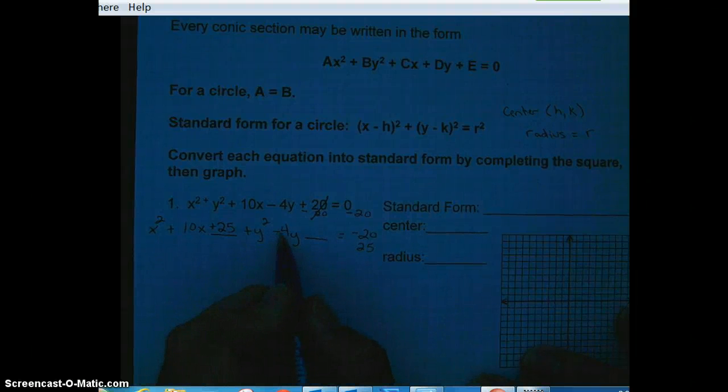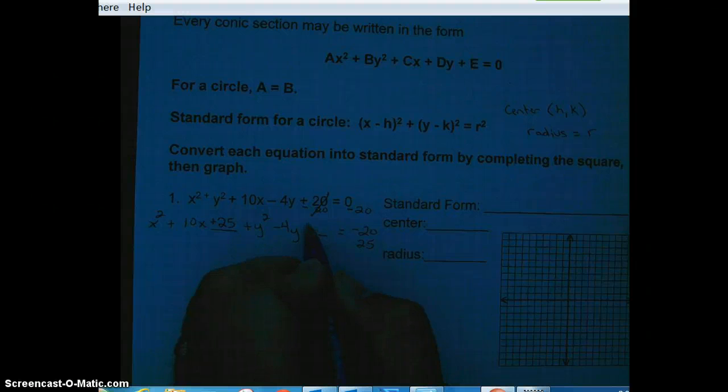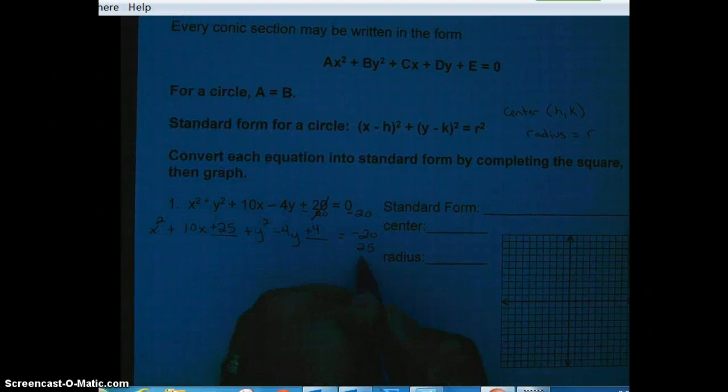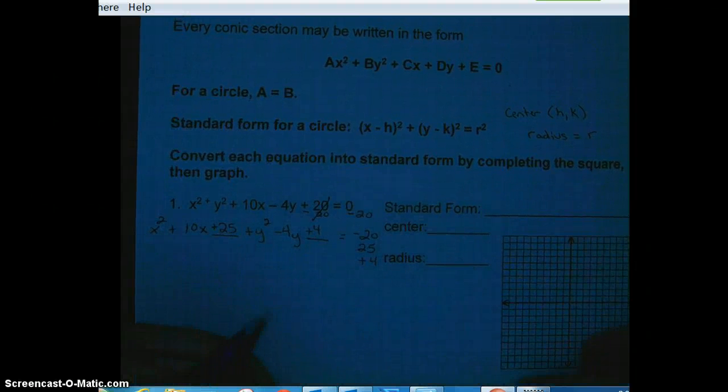Next one. Complete the square on this one. We get negative 4. Half of negative 4 is negative 2. Negative 2 squared is 4. Always remember, whatever you add to one side, you have to add to the other side.